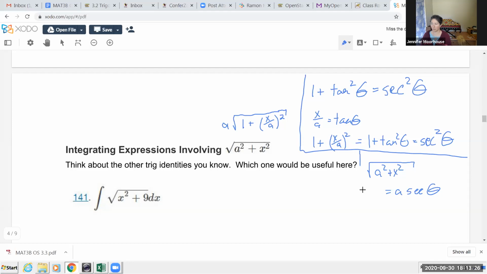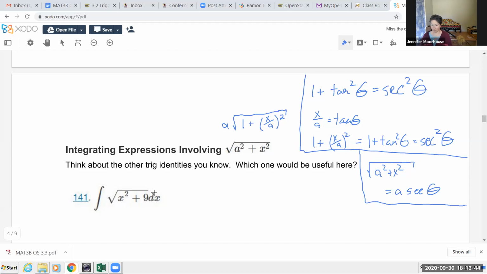All right, so that's the identity and the substitution that we're going to be using in all of these types of problems where you see an a squared plus x squared. That's what you're looking at.